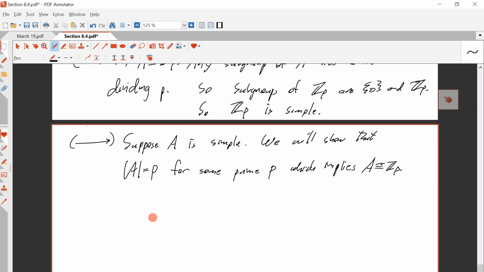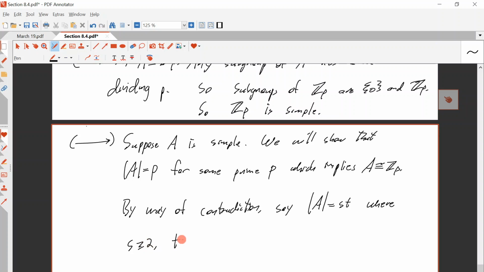All right. So by way of contradiction, say that the order of A is equal to s times t, where s is bigger than or equal to 2, and t is bigger than or equal to 2. So A is composite, and the order can be broken up into a product of two smaller numbers.